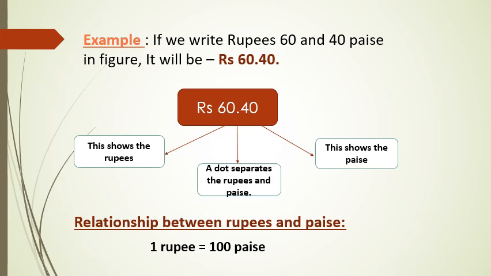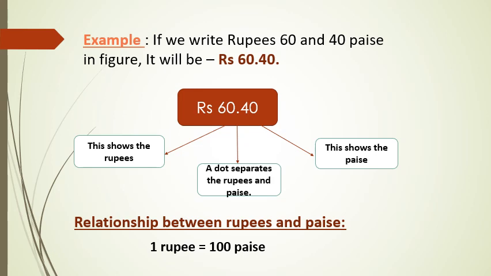Now, if we consider this amount, we can easily find out that 60 shows the rupees, then the dot separates the rupees and paise, and 2 digits after dot, that is 40, this shows paise. Alright girls, got it?